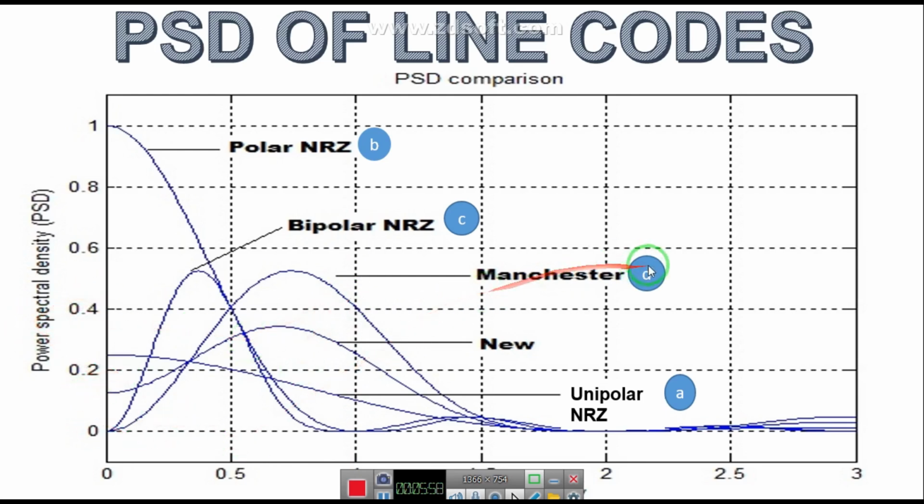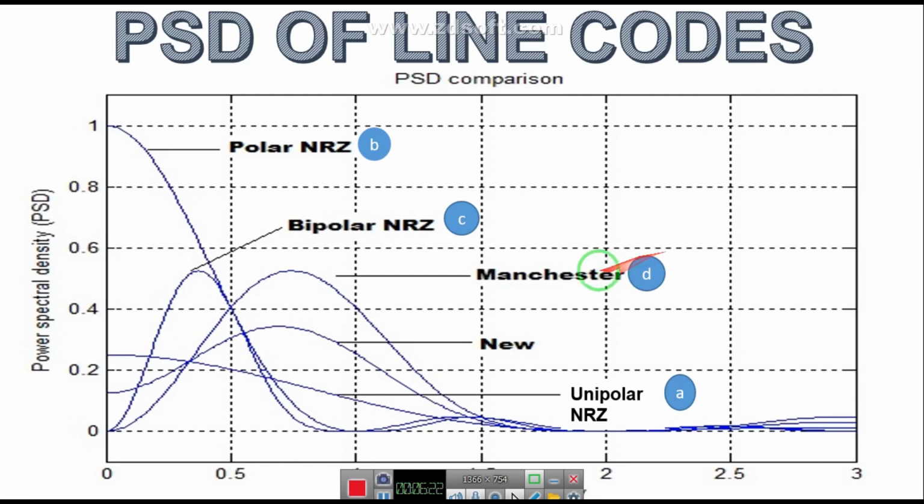And the next curve is called what? Manchester line code. In this, most of the power lies in the bandwidth equal to 2 by T, which is twice the bandwidth of unipolar and bipolar NRZ.